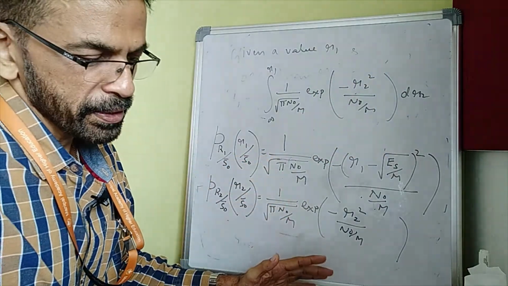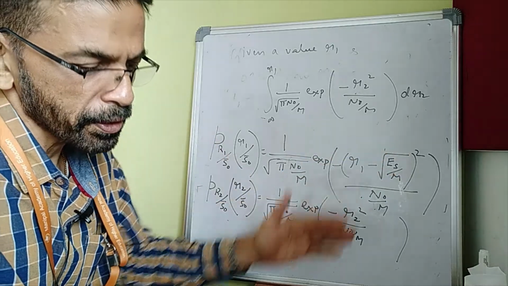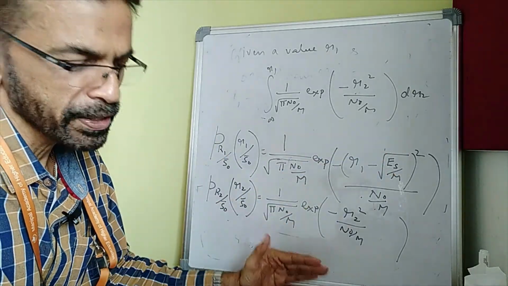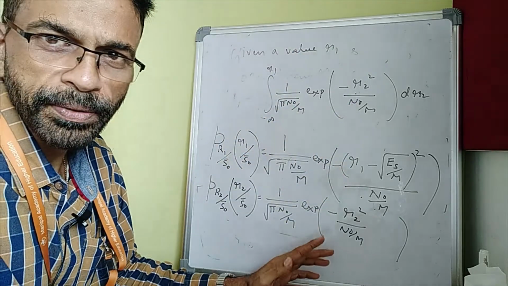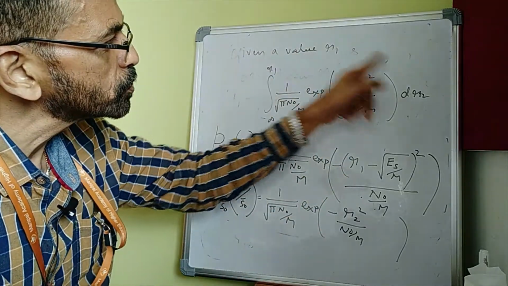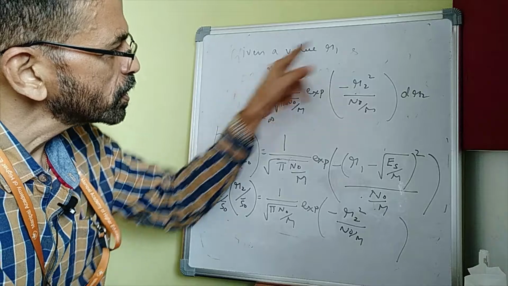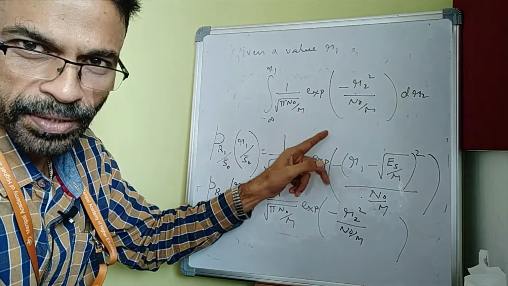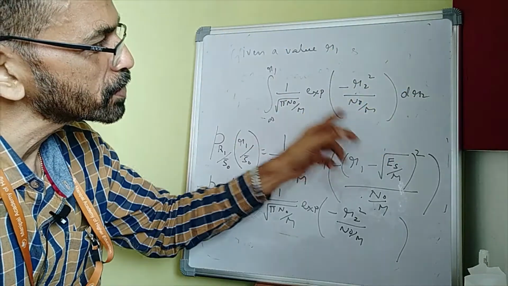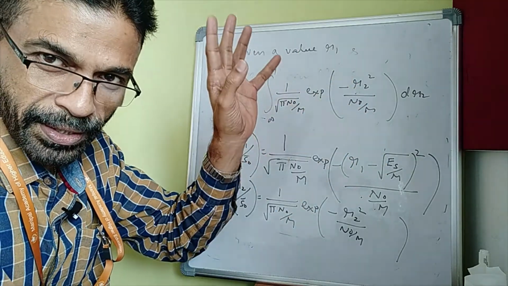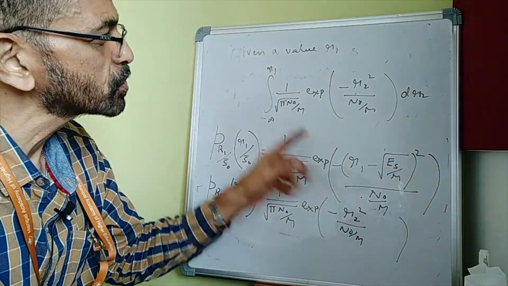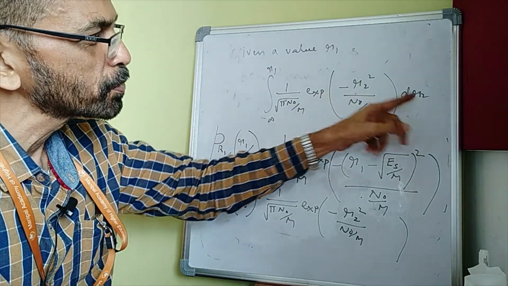And the probability that all the other R's except R1 take a value less than R1 will be the product of these, because they are independent. So it is a product of this, into the same integral with R2 replaced by R3, into the same integral with R3 replaced by R4, and so on, till we reach the same integral with R2 replaced by Rm.